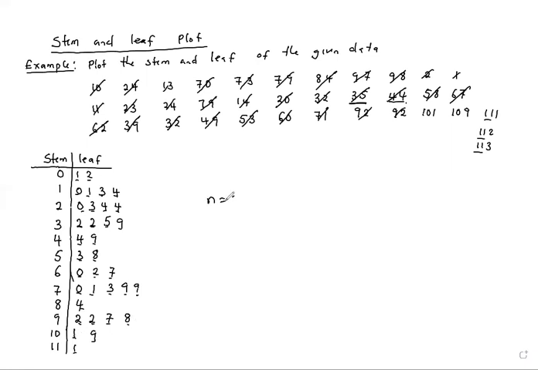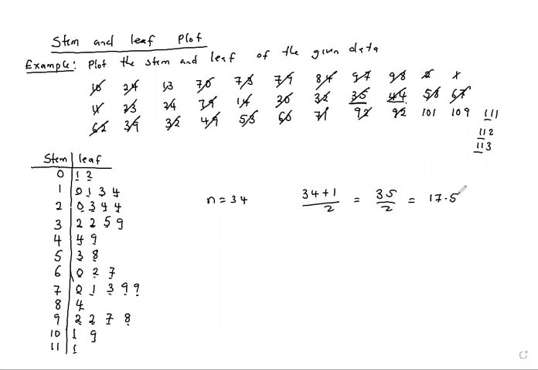So n is 34. So what will be the median? The median is going to be 34 plus 1 over 2. That is 35 over 2, which is supposed to be 17.5.